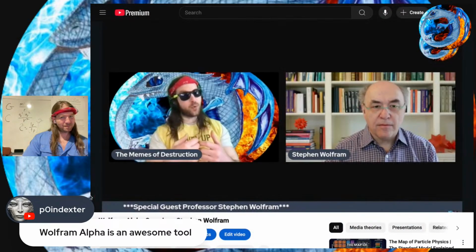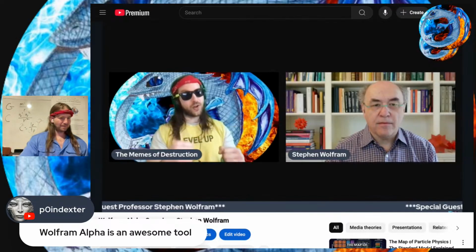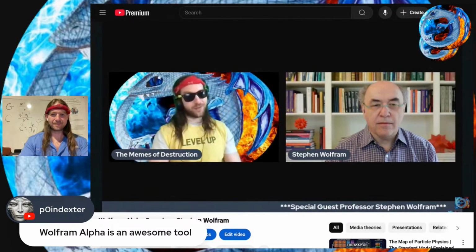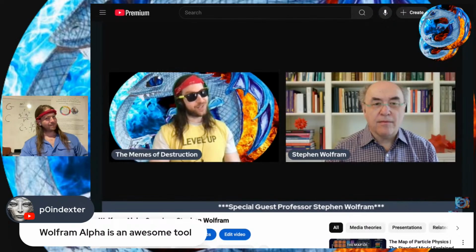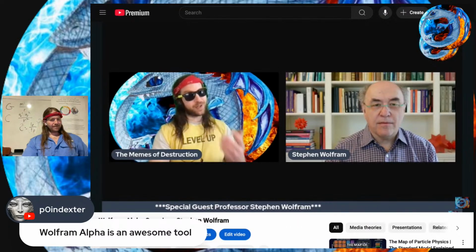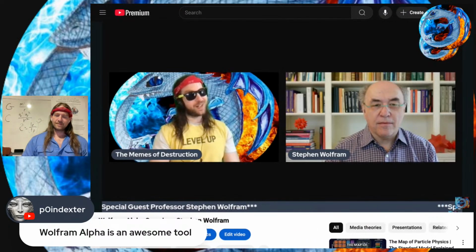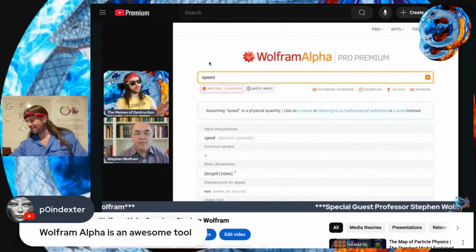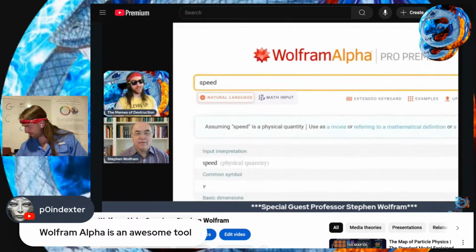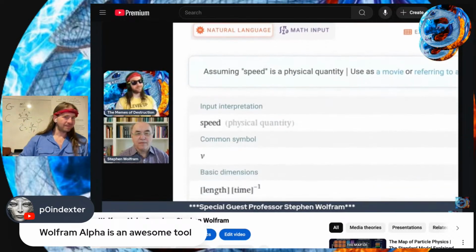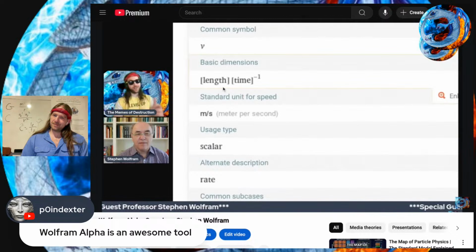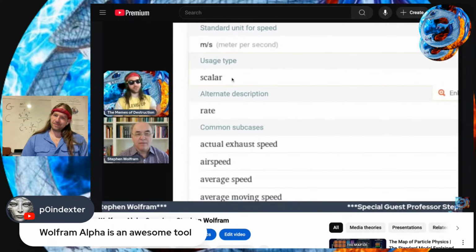But it's very important that you have a very solid foundation because if not, you build that tower up and it's probably going to fall down. And to just give the folks a quick list of what goes through my mind when you talk about the Wolfram language and technology, just go to Wolfram Alpha, just a website that's free. I type in speed, and it gives us the physical quality, common symbols, length divided by time, meters per second.